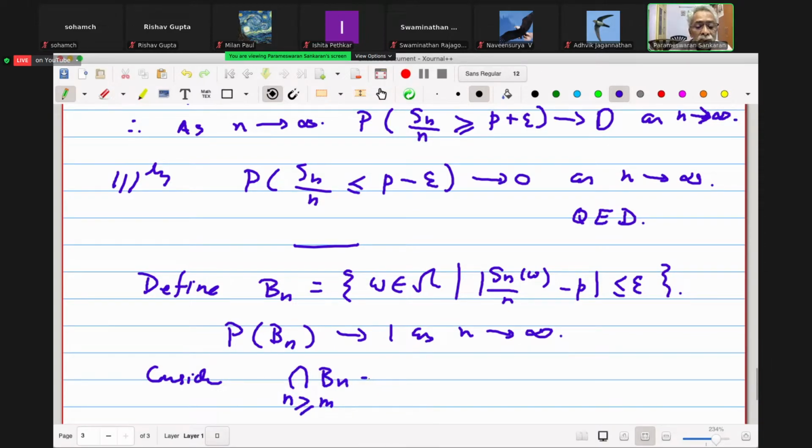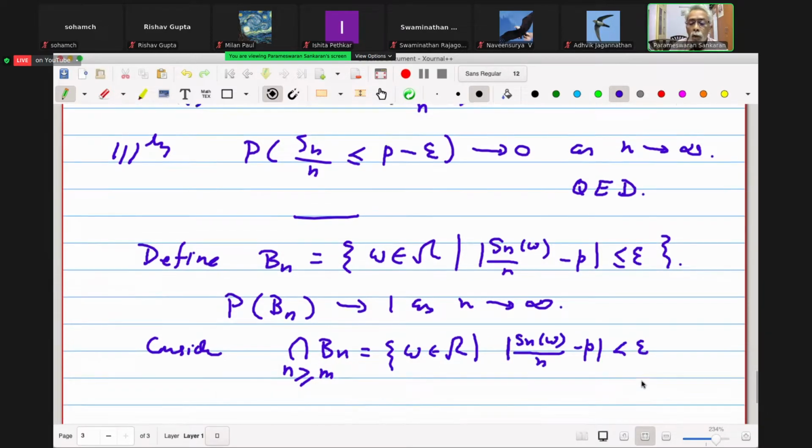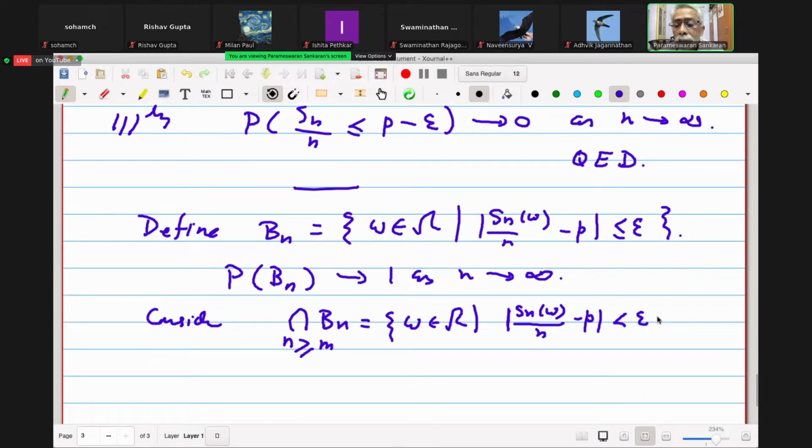This is the set of all omega in Omega such that |Sn(omega)/n minus p| is less than epsilon for all n bigger than or equal to m.